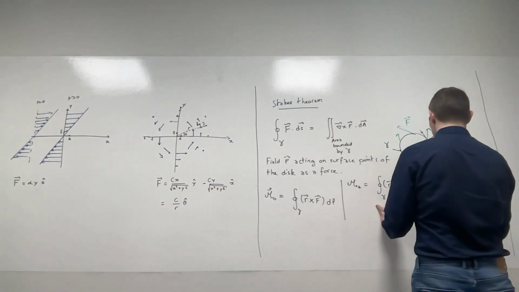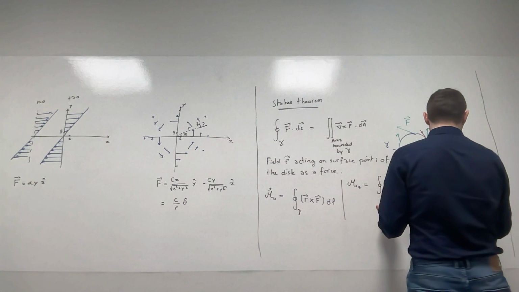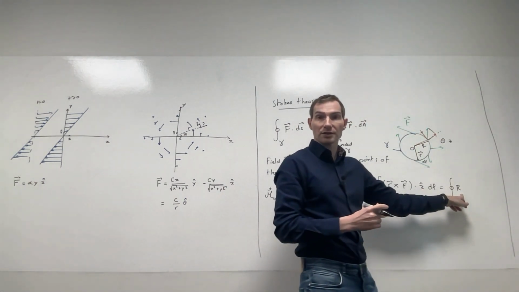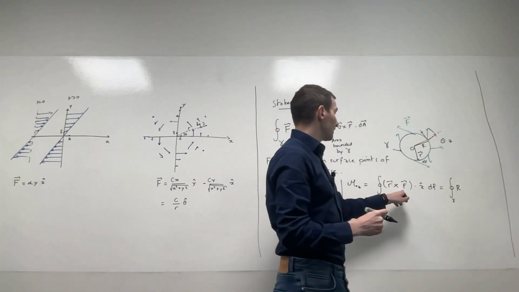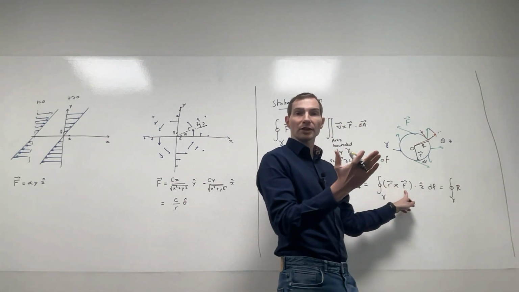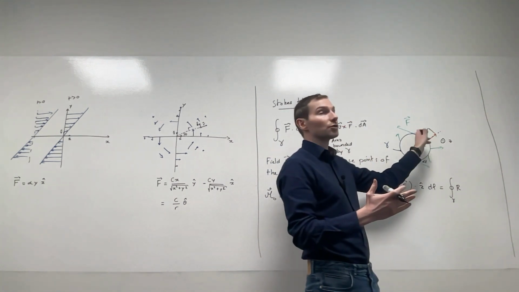This is the integral over gamma, which is a circle of radius r, which is always the same. And then here I've got f, and I know that the component that matters is the component tangential to the circle.